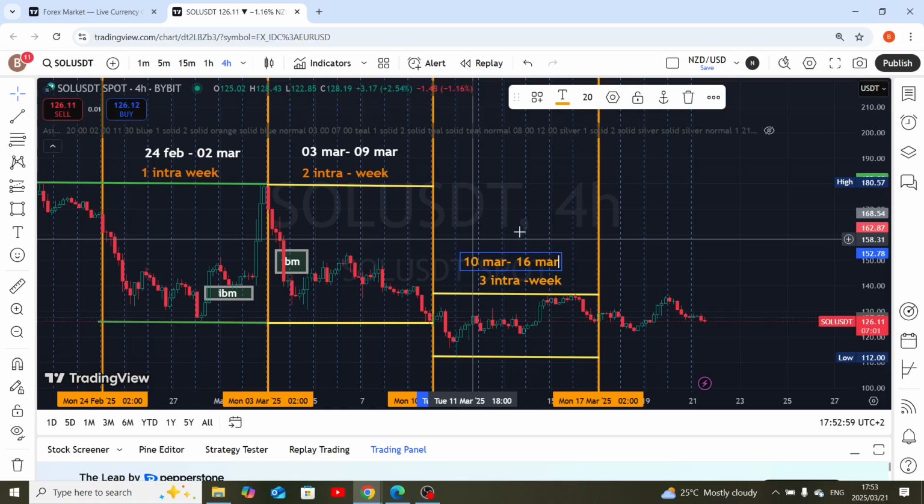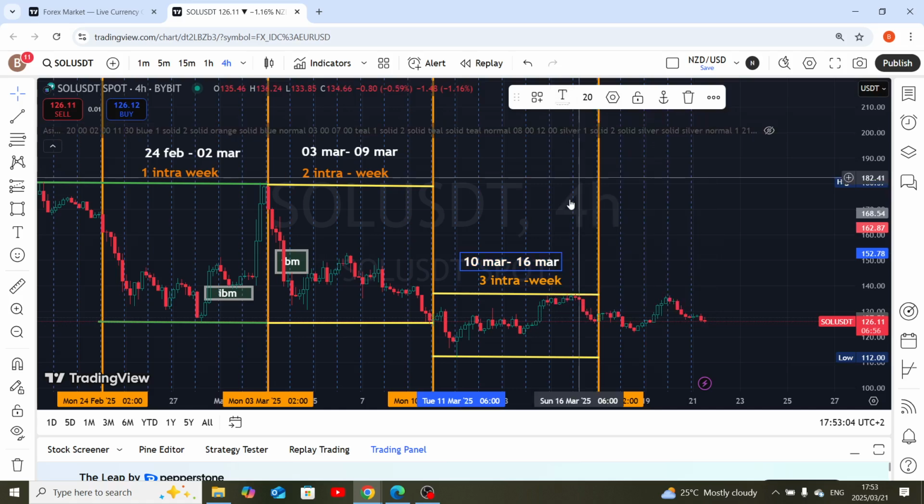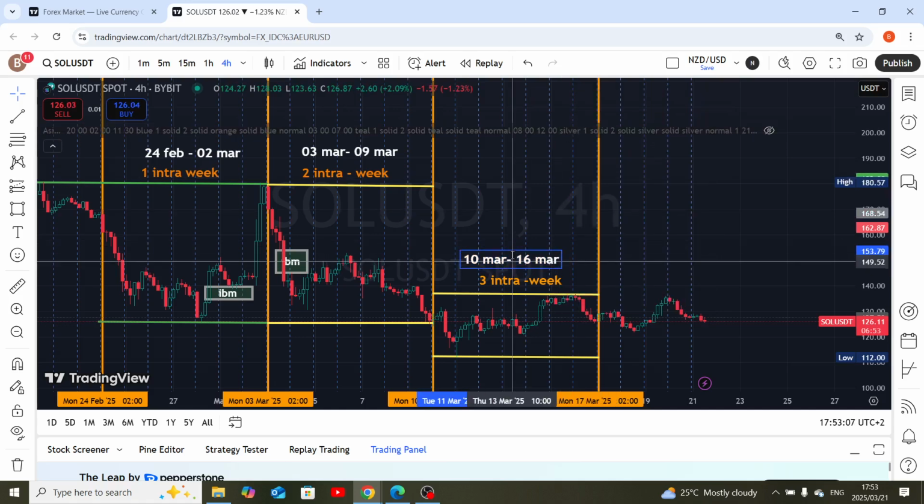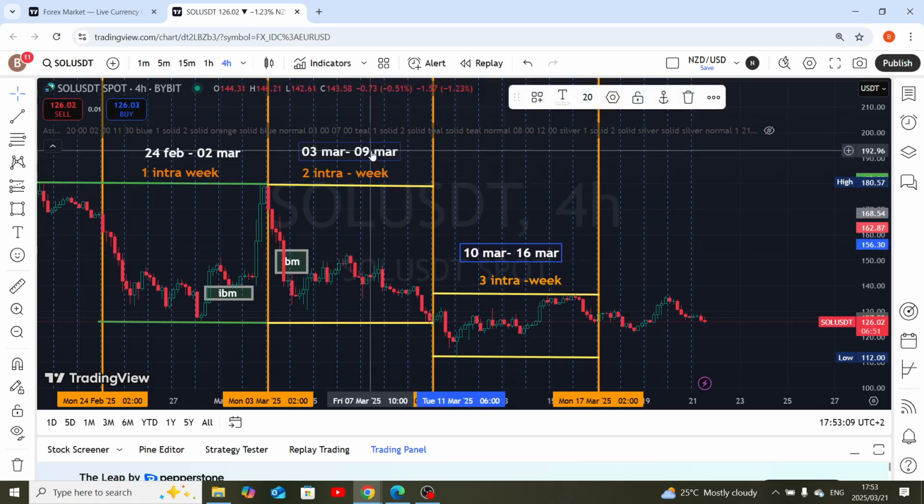Guys, the reason why I'm putting all these things here is that they're very important. Knowing what happened during those dates is good. It's like you're journaling whatever you're doing. So you know that during 3rd March to the 9th, institutions were buying, the market was bullish, the market was bearish, or the market was consolidating for a couple of days, let's say 4 or 5-6 days.